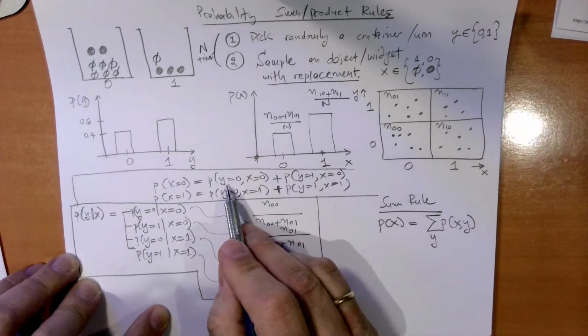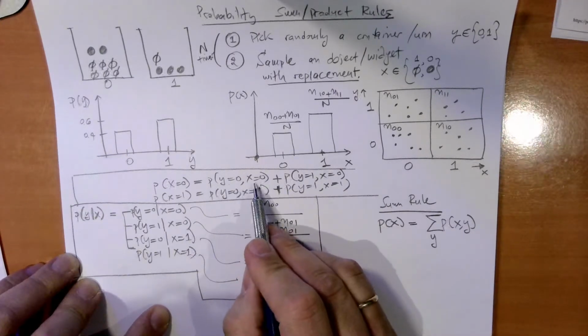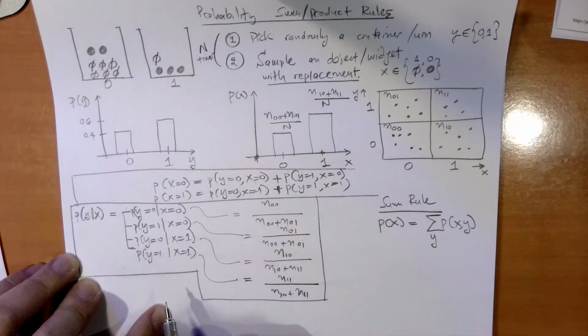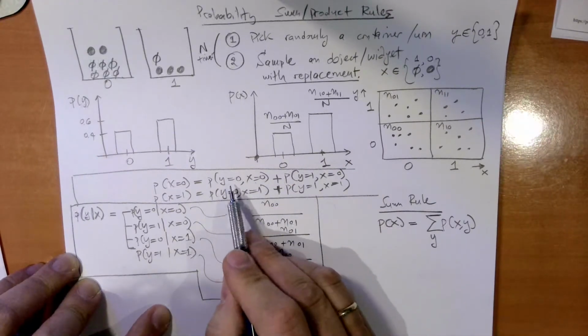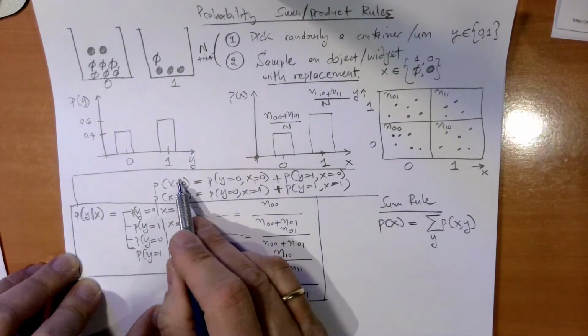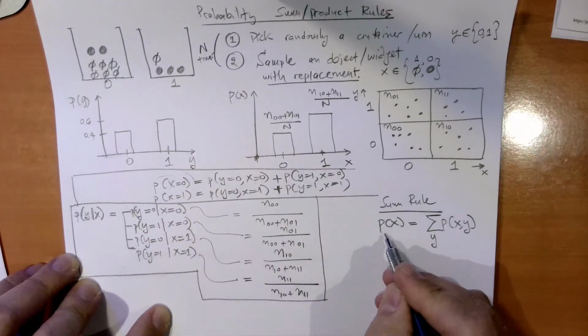And this is exactly what we see here. We sum over all possibilities of X that we can actually get, with overall possibilities of Y we actually can get, and therefore we are obtaining the probability distribution of X.